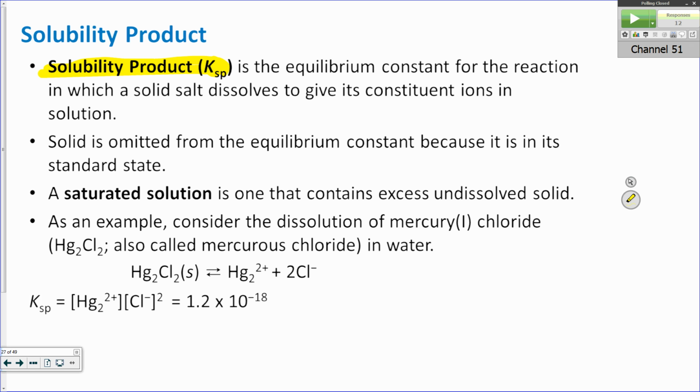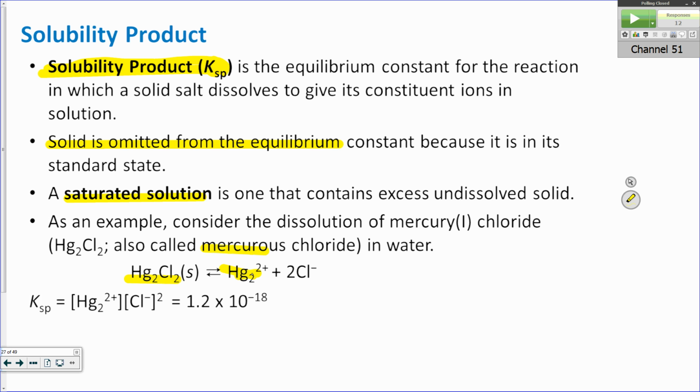Just remember that now we're talking about a two-phase equilibrium, so the solid is going to be omitted from the expression. Now we're talking about a saturated solution. The key thing is that as long as you have any excess of the species that's being saturated, it doesn't matter how much is in excess. If we look at the mercurous chloride cation, mercury is a unique cation; it forms a dimer. Instead of being a mercury 1 plus cation, mercury reacts together and forms a dimer.